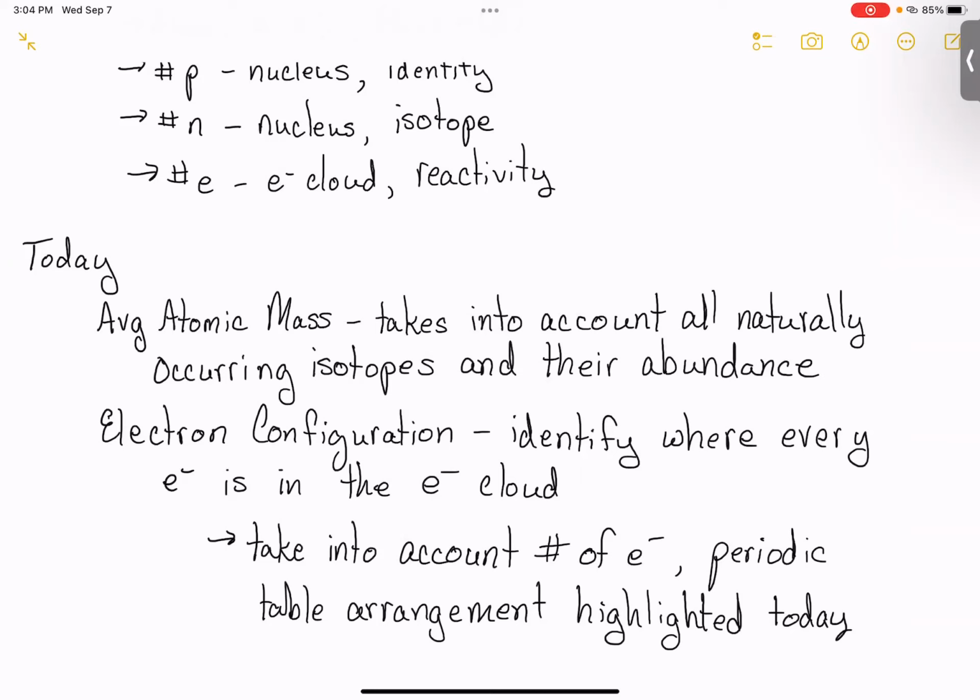Talking about the electron configuration gives us insight into so many different things about an atom of an element. Number one, it describes how element number 87, which is francium, is so much more reactive than element number 3, which is lithium. The electron configuration helps us to understand why.